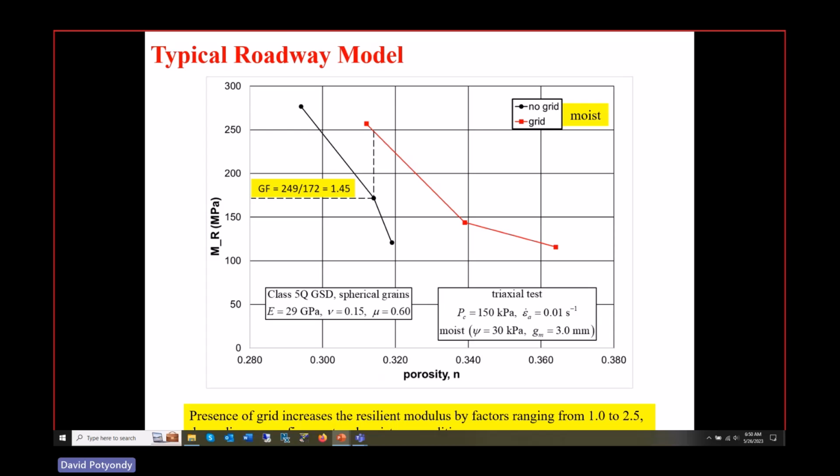When you let them readjust using a non-zero friction coefficient, they're going to lock up at a less dense state. Okay. And so by running models where we varied the friction coefficient between 0 and the actual friction coefficient, we could obtain a series of initial states that had different porosity, that had less and less porosity.